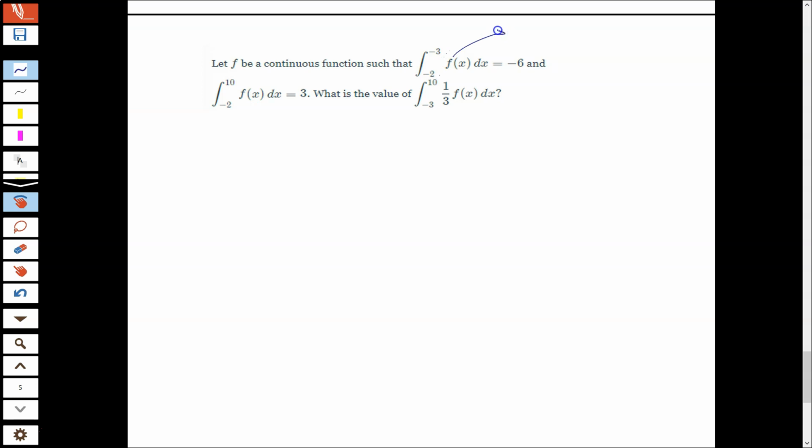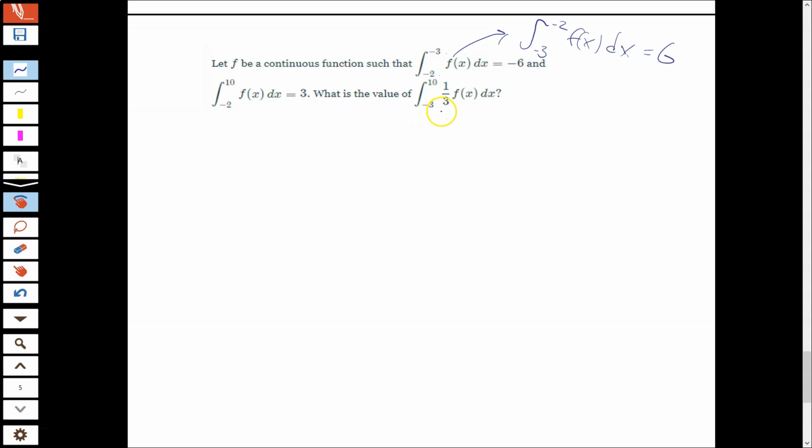So I'm going to rewrite this one. I'm going to flip those. I'm going to say this is now the integral from negative 3 to negative 2 of f. And because I've changed my bounds, I've reversed them, that changes the sign. And then that's going to help us solve the rest of these.